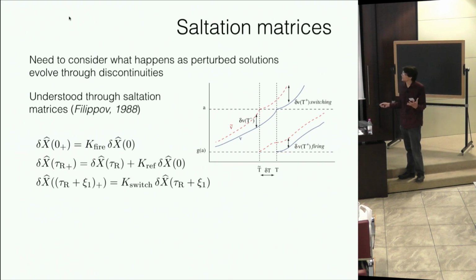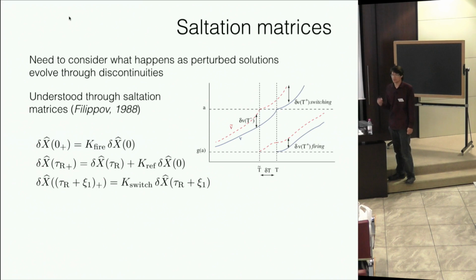Effectively, what you do is you write down something called a saltation matrix, where you first look at the difference in time between when you would hit these various different manifolds, and then you express that as perturbations in whatever your variable of interest is, so here V.